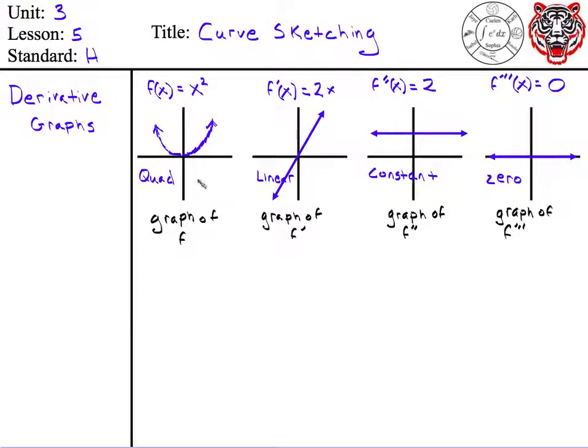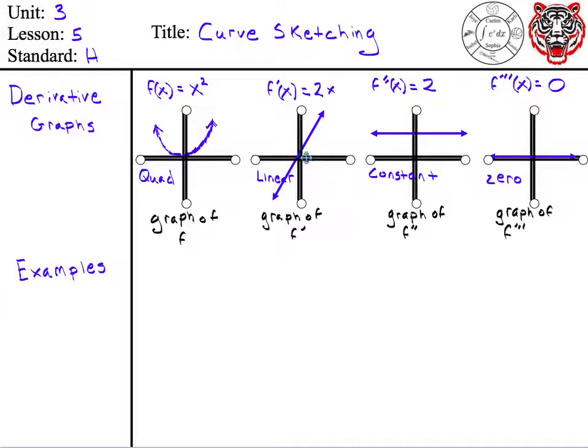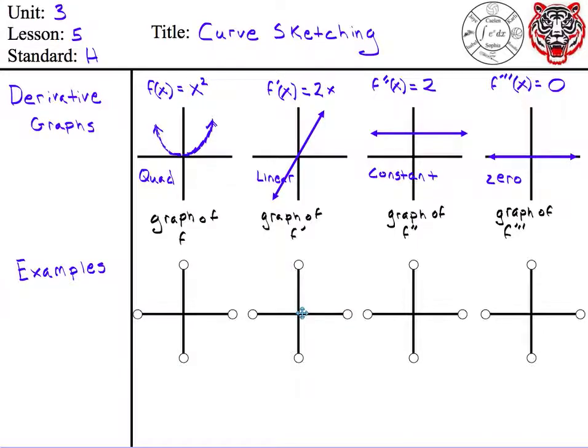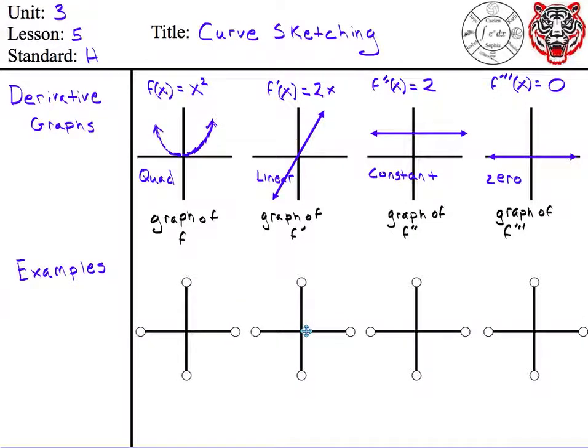All right, so I want to look at some examples here. So let's title this examples. All right, let's get 4 more graphs down here. These are not associated with the graphs up here. So when I take a look at these graphs, I'm going to give you the fact that I have a constant function.